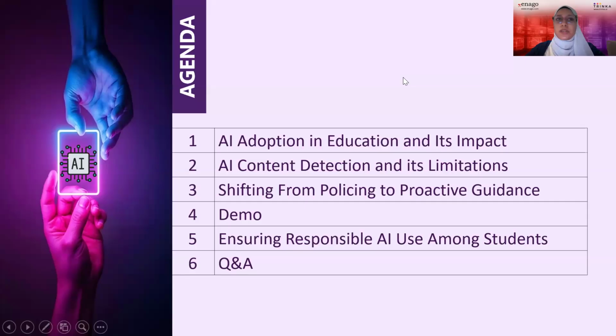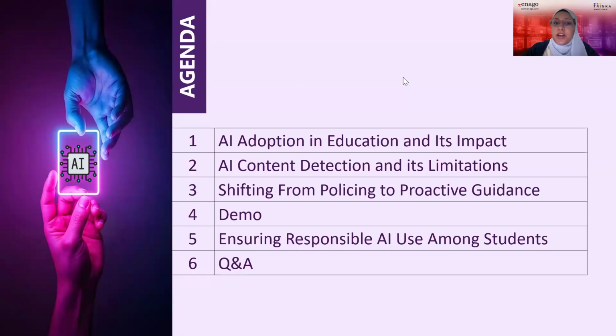Let's start by discussing our agenda for today. We will be talking about the AI frontiers in education, and we will talk about AI content detection, because this is one of the strategies that most faculty and universities are opting for, but it has some limitations that we will discuss. Then we will talk about changing the mindset from policing and rigid guidelines to proactive guidance that works in the best interest of faculty and students.